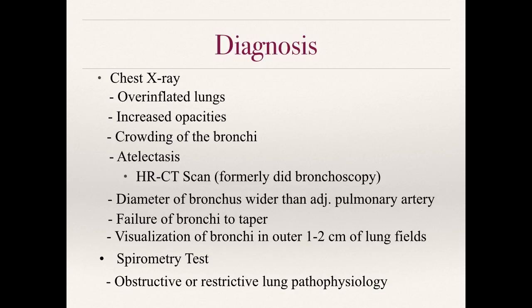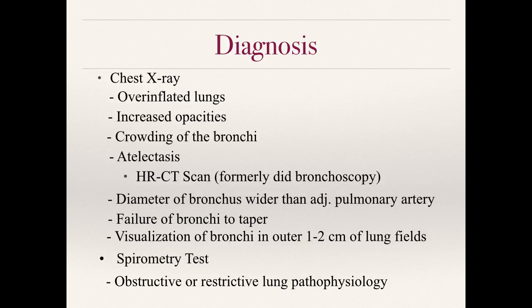That determines if the diameter of the bronchus is wider than the adjacent pulmonary artery, if there's a failure of the bronchi to taper, and if you're seeing bronchi in the outer 1 to 2 centimeters of the lung fields.